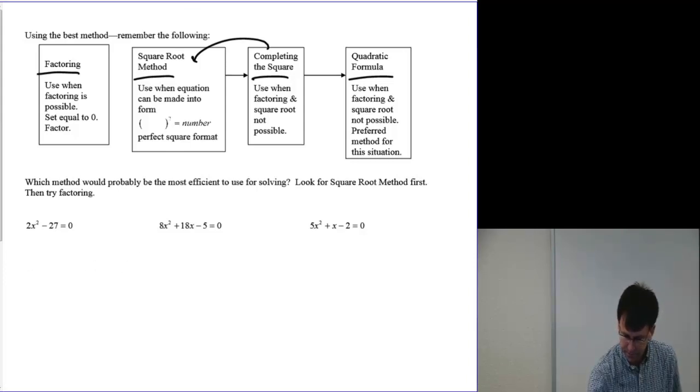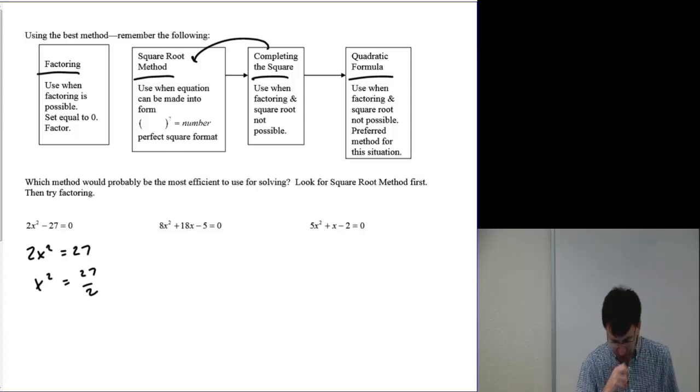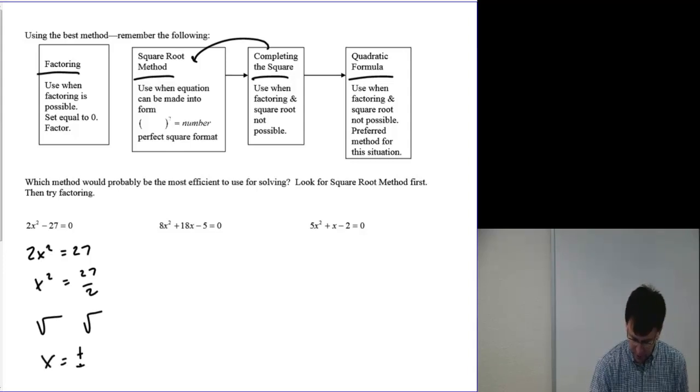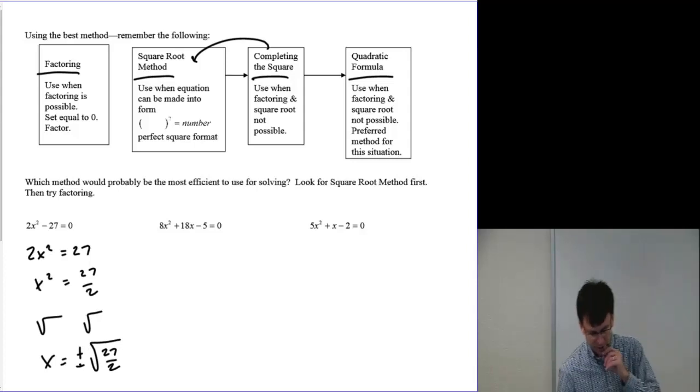That's 2x squared equals 27, which then is x squared equals 27 divided by 2, and I could apply the square root method right here. I would then say x equals plus or minus the square root of 27 halves. I've got a little bit of simplification to do, but it's really looking at me like, hey, you could just use the square root method here.